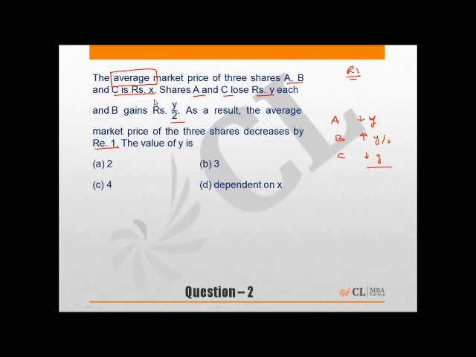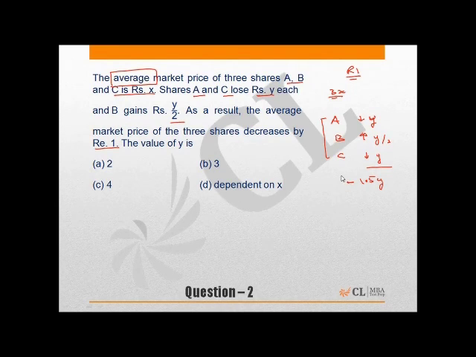If the original average was X rupees and the total price of the 3 shares was 3X rupees, what has happened is that A has gone down by Y, B has gone up by Y by 2 and C has gone down by Y. The total price has come down by 1.5Y. So the net reduction is 1.5 into Y rupees in the total.